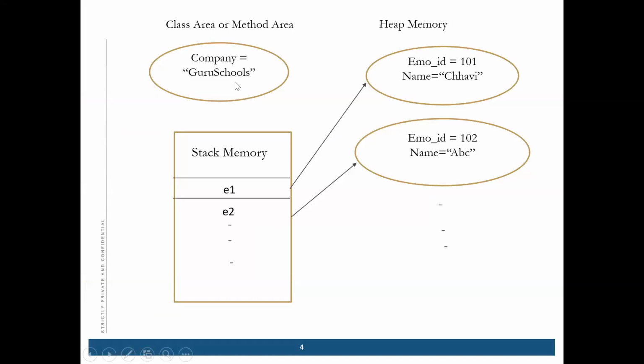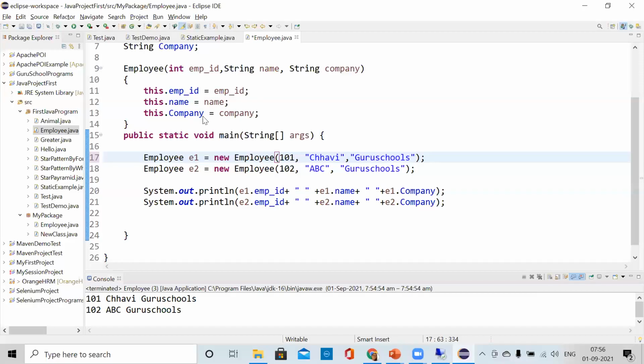Okay. Now we have to create one area of our company, which is the common area. And we want to make this static, so that we don't need to write it again and again about this Guru Schools. Why? Because the company name is the same.